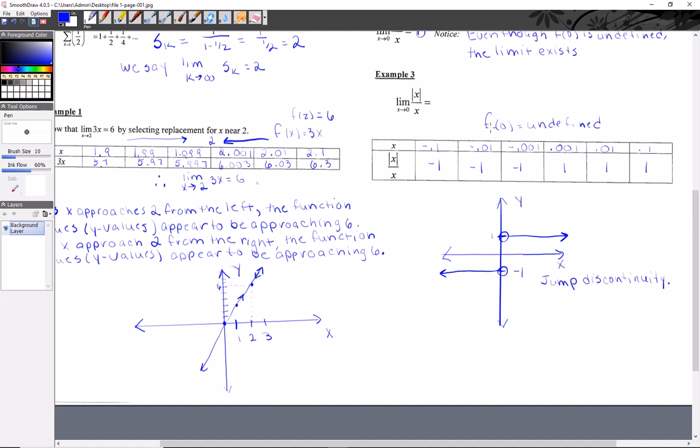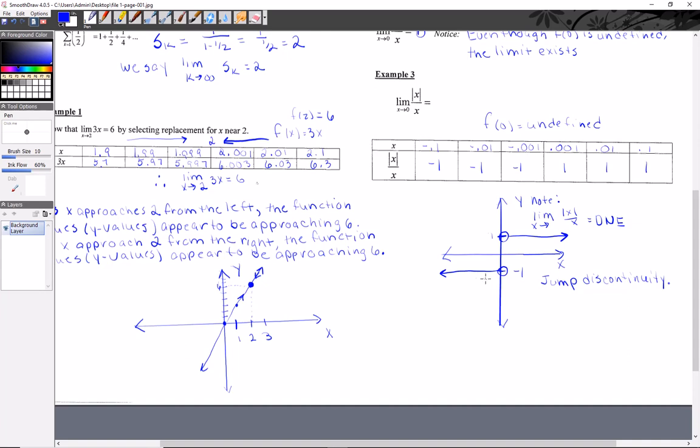So not only do we have evaluating 0 going undefined, but note that the limit as x approaches 0 of this expression, absolute value of x over x, does not exist, because left and right we are not converging on the same value like we did in the previous example, or one of the previous examples.